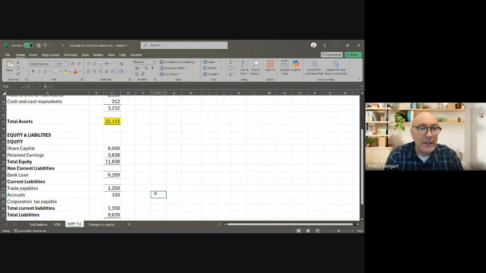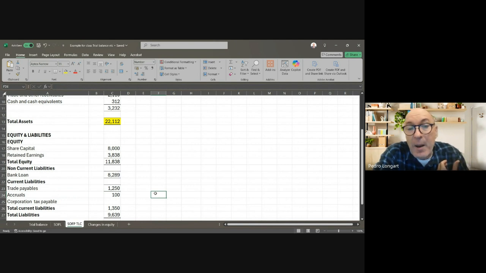What else do we need to pay? I have put this line here because it's the same line that you would have if you had your assignment. You have corporation tax payable. There is a banana skin here, or a trap that you could fall into: there is a tax expense and there is a corporation tax payable. Payable is something that you haven't paid, and the tax expense is something that you have paid.